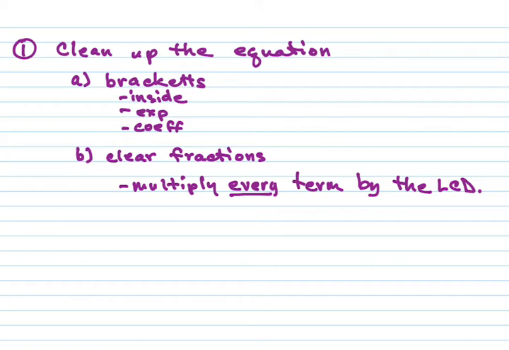LCD means least common denominator, because you may only have one fraction. Well, if you only have one fraction, then whatever denominator you have is the LCD. But you could have two fractions, in which case you need to eliminate both of them. And if you get the LCD, you can eliminate both of them at the same time.